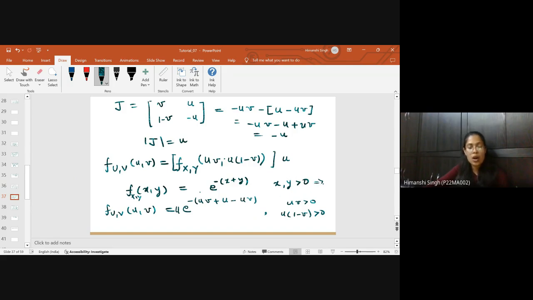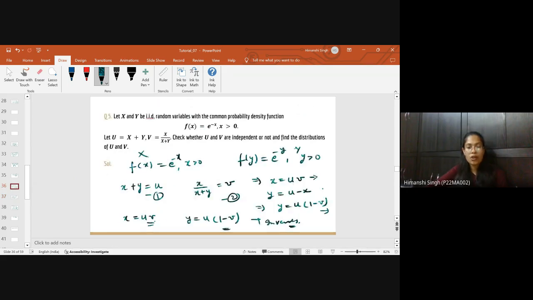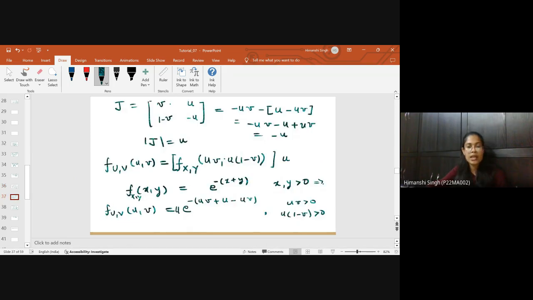Now, for that theorem to apply, I should find the Jacobian matrix. So that Jacobian is equal to, for this inverse, I need to find the partial derivative of x with respect to u and with respect to v. The partial derivative with respect to u will be v, and the partial derivative with respect to v will be u.